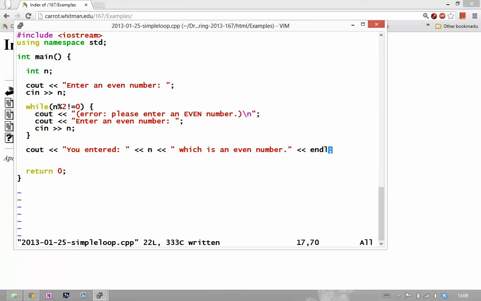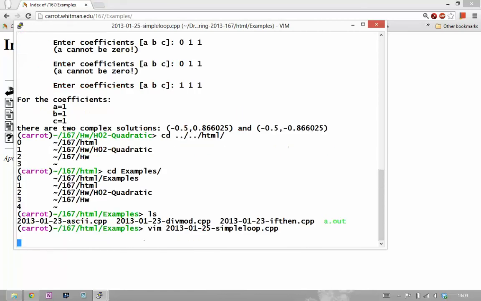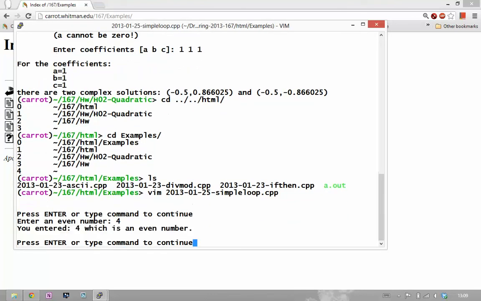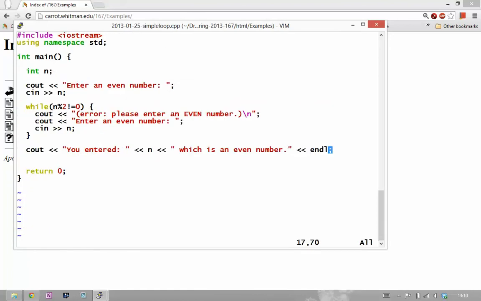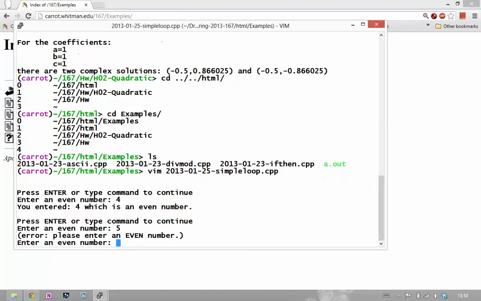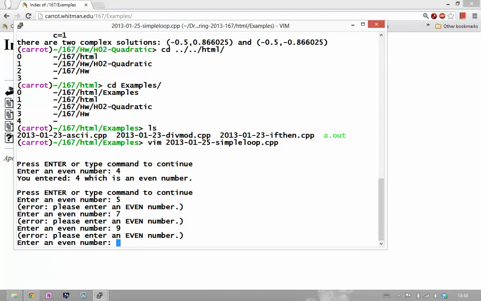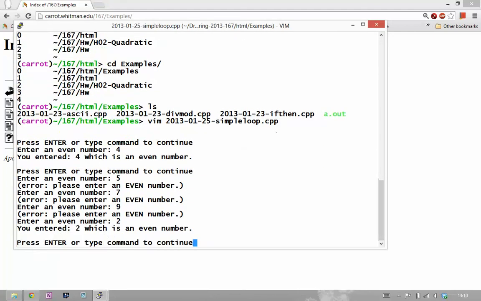All right, let's see if this does what we want, and then I'll explain. So enter an even number, 4. You entered 4, which is an even number. Good. Let's see what happens when we enter an odd number. And let's try it again. And again. And then say, okay, whatever.